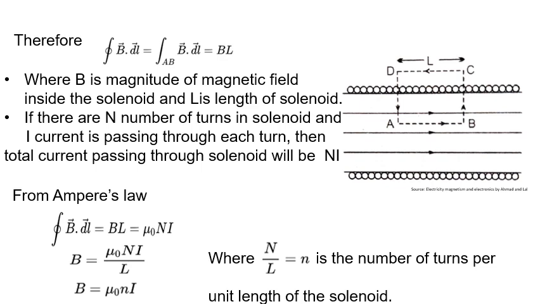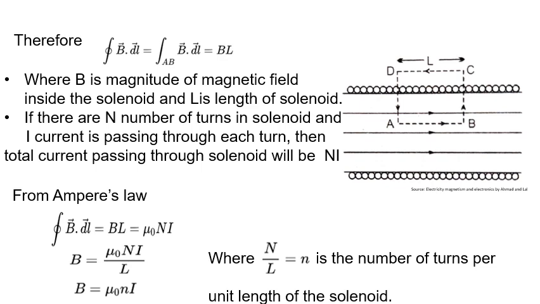If there are capital N turns in the solenoid and current I is passing through each turn, then the total current passing through the solenoid will be NI. From Ampere's law, closed integral of B dot dl equals BL, and this equals mu naught NI.